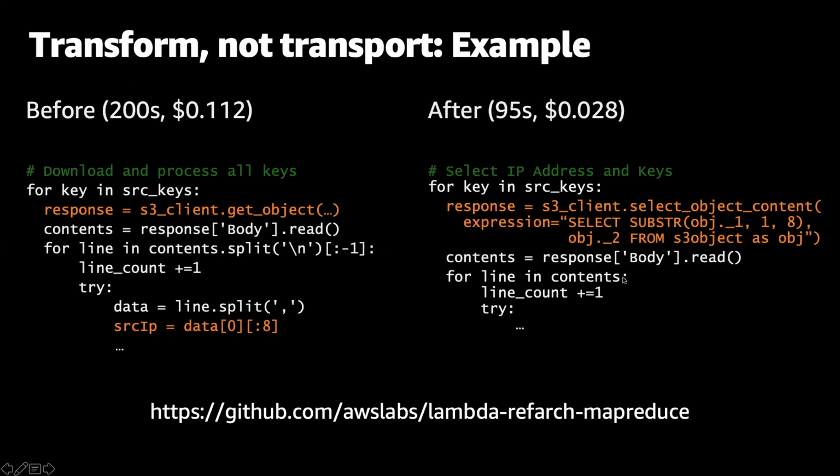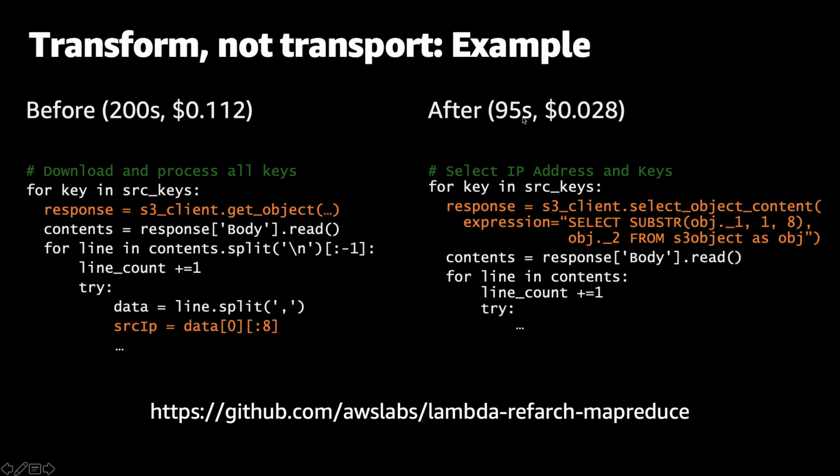This is the S3 Select example, where instead of running for 200 seconds, this example was iterating over a few keys, downloading each object, and then only fetching the first 8 bytes of each object, because that was the structure of the data set. By delegating that computation to S3 using S3 Select, this goes down to less than half of the execution, 95 seconds.